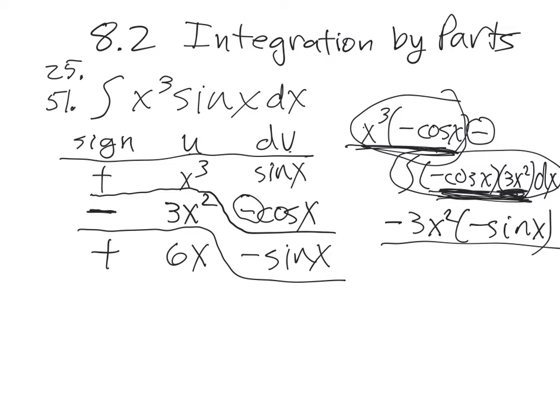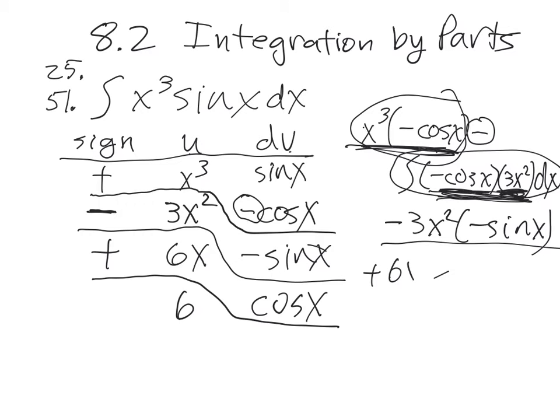Okay. We've got 6x as u, so du will be 6. Negative sine x as dv, so v will be cosine x. And then this will actually be the next one.